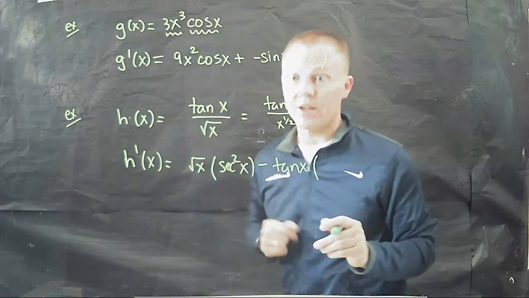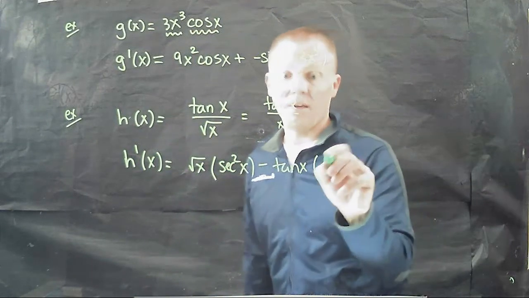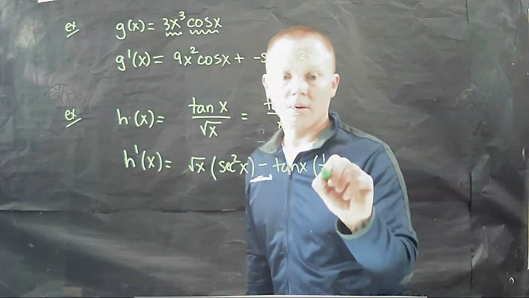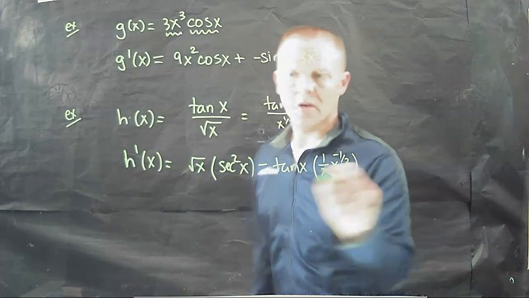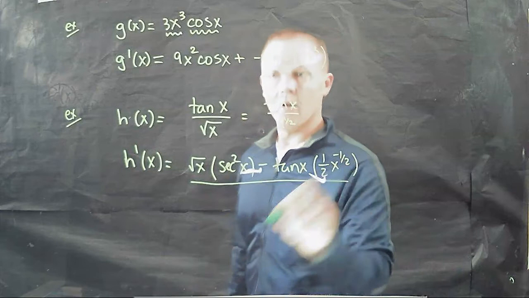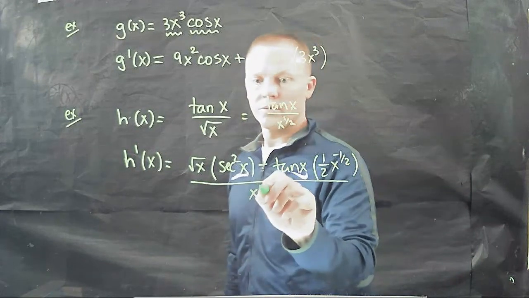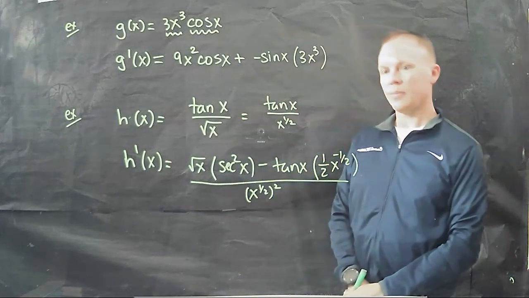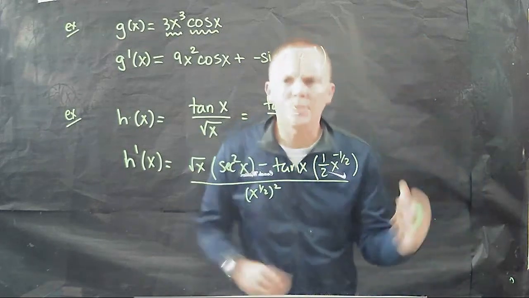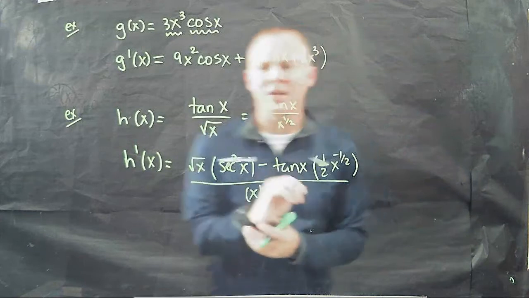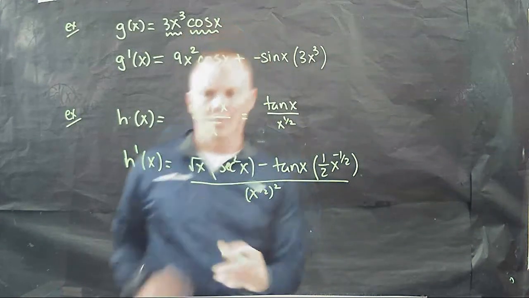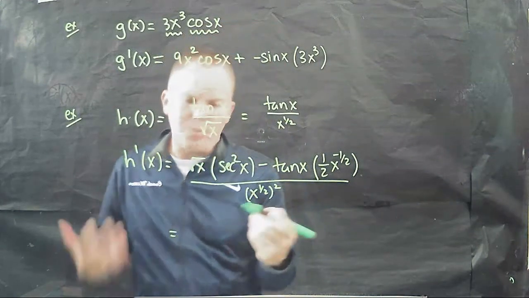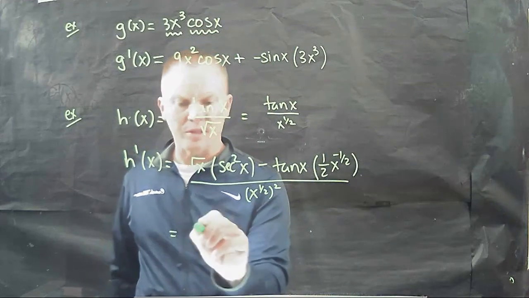You may have it memorized already because you've done it enough times. If not, you will. All over low squared. Okay? Now, can we simplify this? I think we can clean it up just a tad bit. We wouldn't have to necessarily, but this is not horrible.